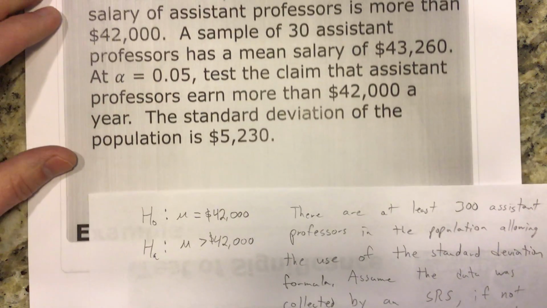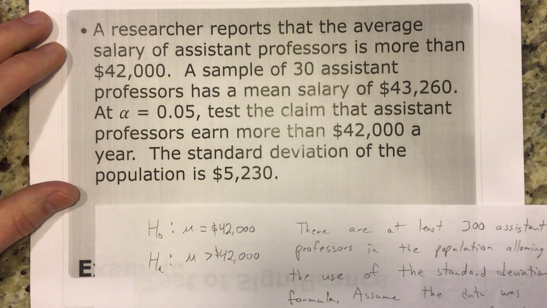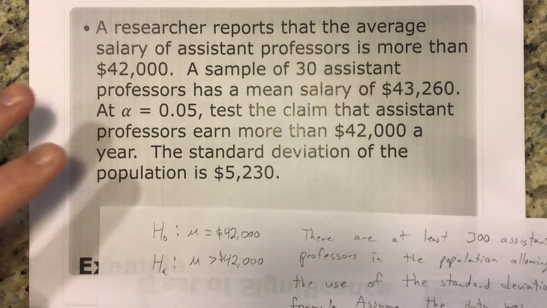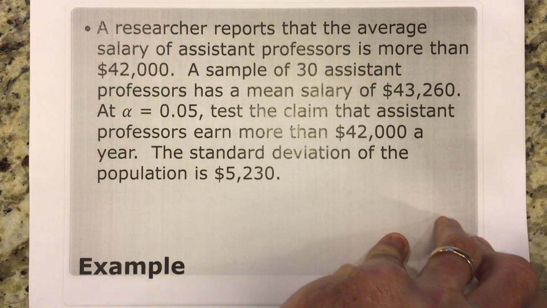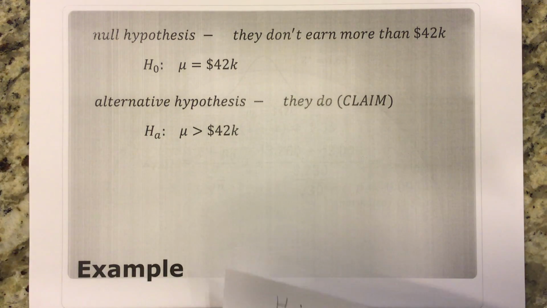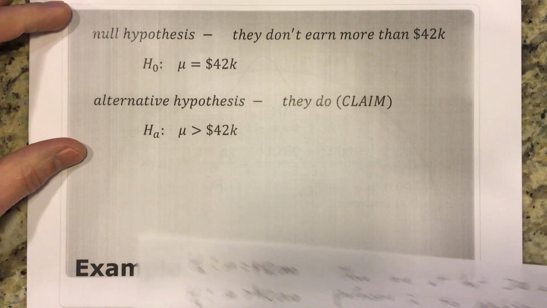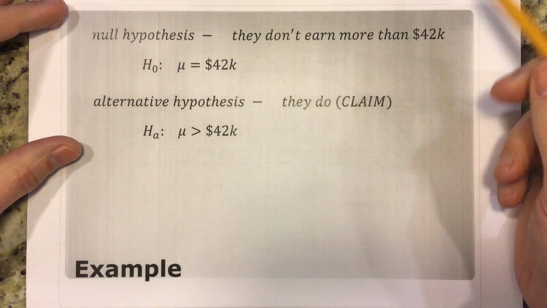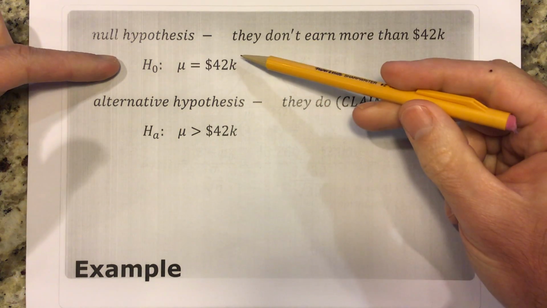All right, so it's hard to get this whole thing on the screen. I'm going to go ahead and just turn the page here. Oh, perfect. So that's what we already covered. Now, sometimes students get hung up on the claim. Sometimes the claim will be the null hypothesis.